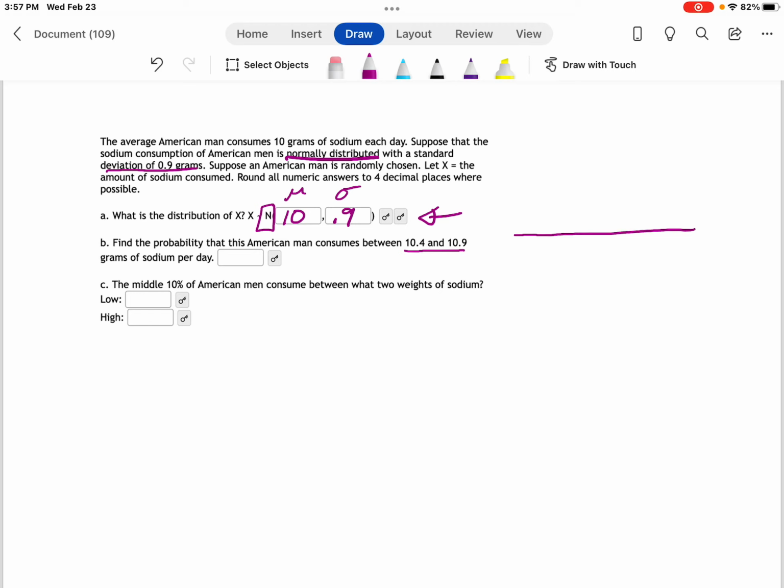So when we look at a picture of this, you know 10 is in the center. 10.4 is going to be a little bit past 10, and then 10.9 is going to be a little bit past that. So we're looking for the area under the curve between those two values. We can use the normalcdf function for that.